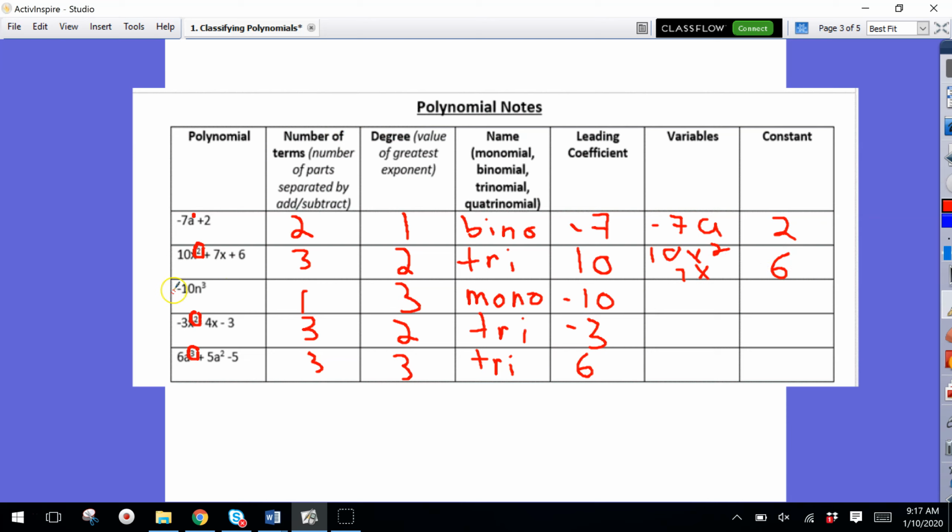In this polynomial, we just have a variable, and we don't really have any constants. So there are no constants here. In this trinomial, negative 3x squared and 4x are my variables, and negative 3 is my constant. And in this last one, 6a cubed and 5a squared are variables, and negative 5 is a constant.